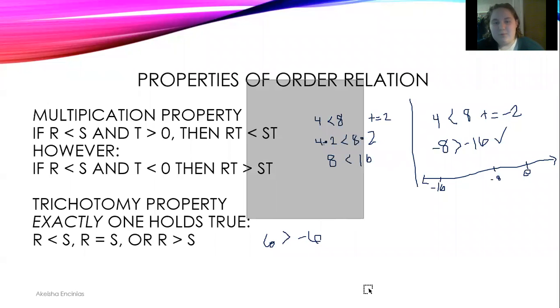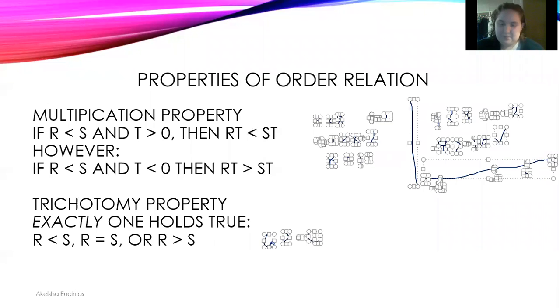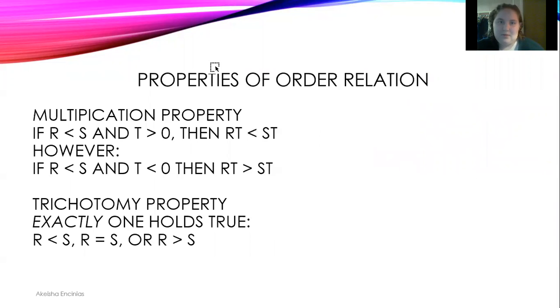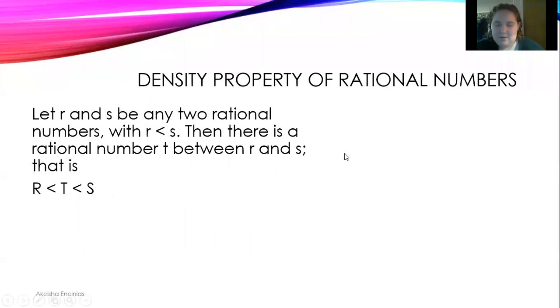Let's erase the work here. And that is going to be the density property of rational numbers. All right, we'll try that. So I'm going to do fractions this time. It's a little easier to see.